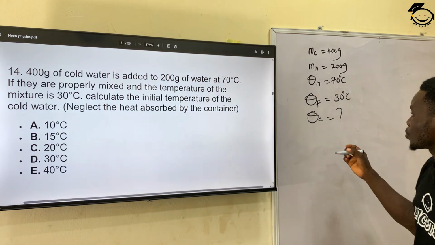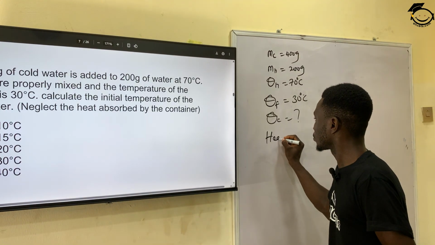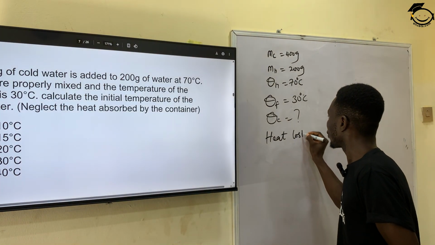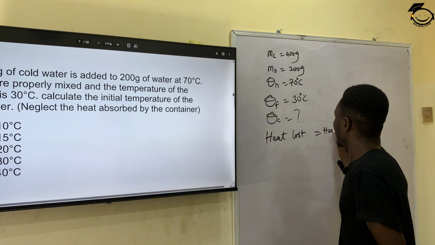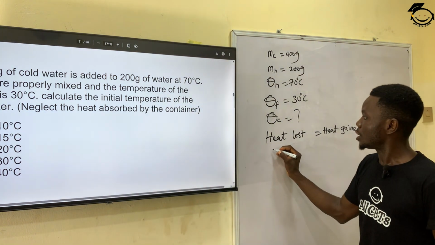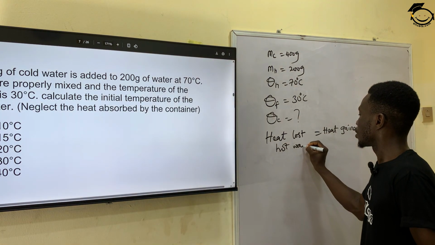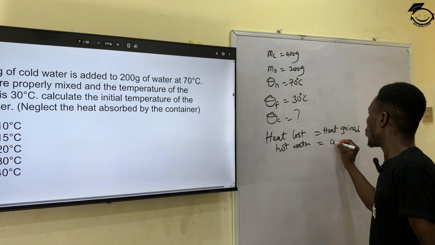So we're going to apply the law of calorimetry, which says that heat lost is equal to heat gained. The hot water is the one losing heat, hot water losing heat to cold water.